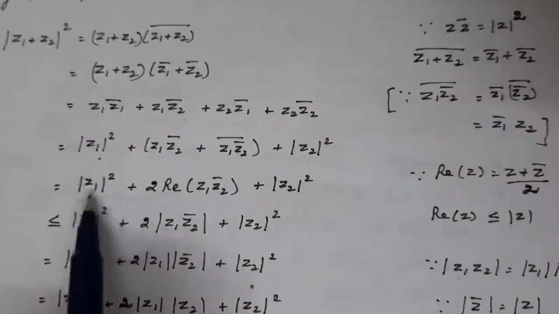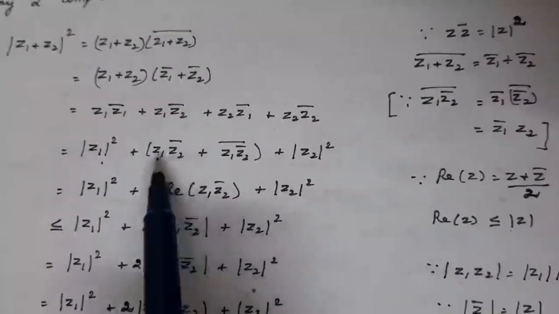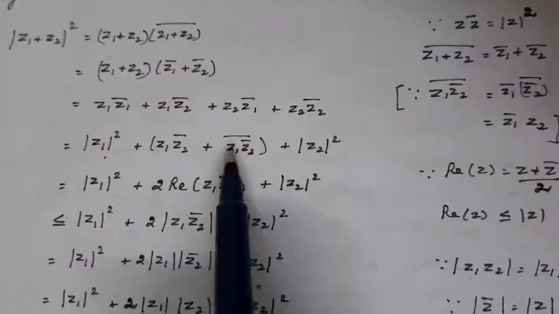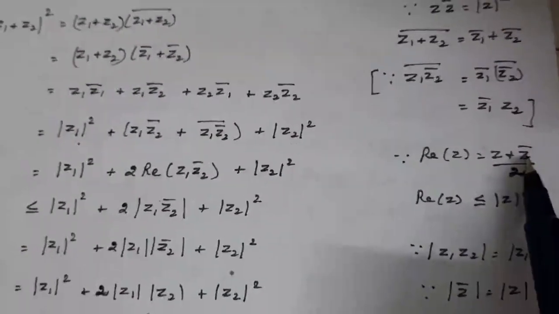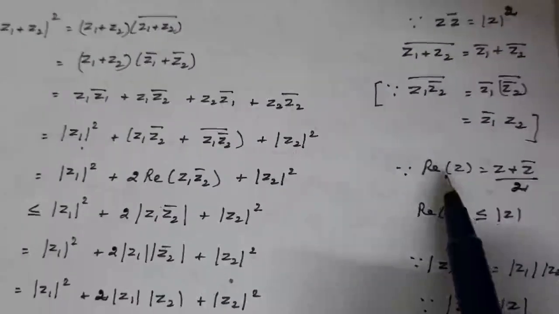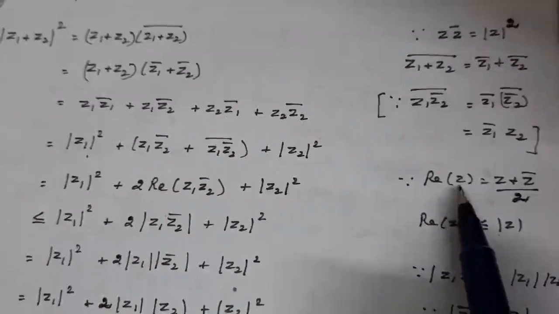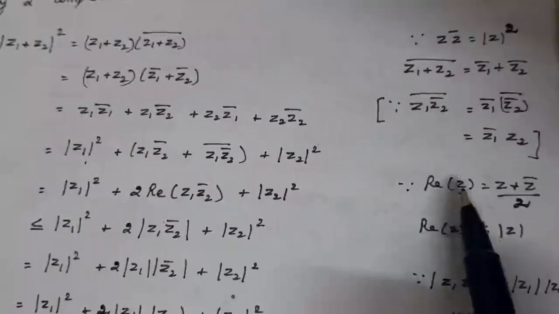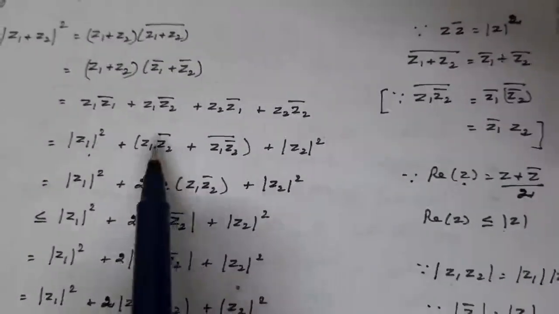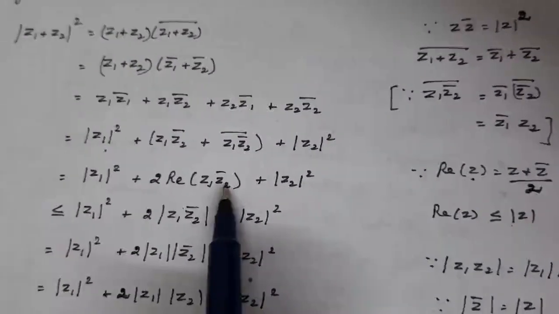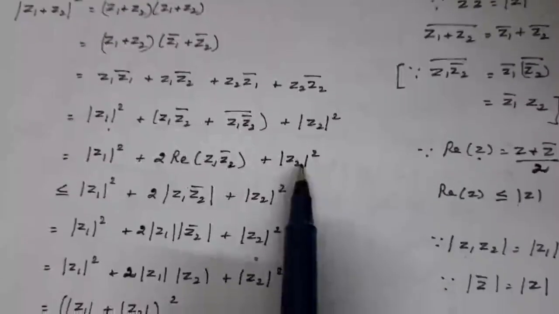Now, modulus of Z1 square. So, here the complex number and its conjugate are being added. When a complex number and its conjugate are added and divided by 2, it will be equal to the real part of that complex number. So we can rewrite this as 2 times the real part of this complex number Z1 into Z2 bar, plus modulus of Z2 squared.